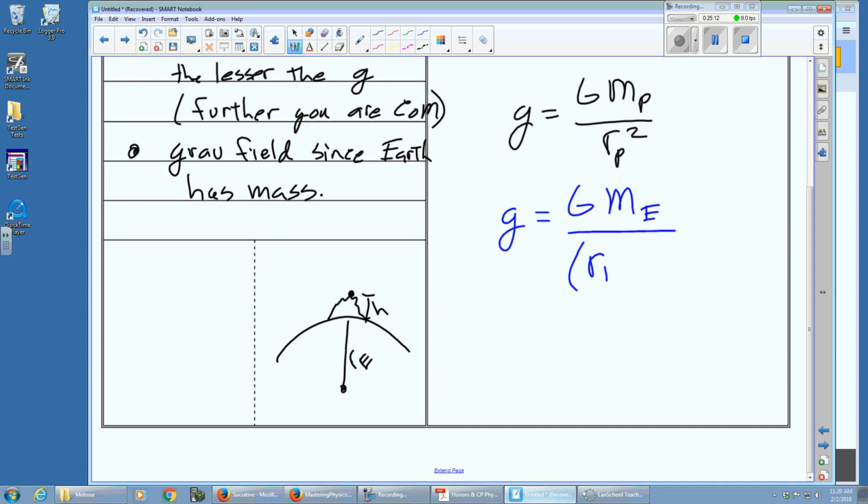So that's going to be the radius of the Earth plus however high I am above the surface, squared. Do I know the mass of the Earth? Yes. Where can I find it? On the equation sheet. Do I know the radius of the Earth? Yes. Do I know the height? Yep, it's given to me in the problem.